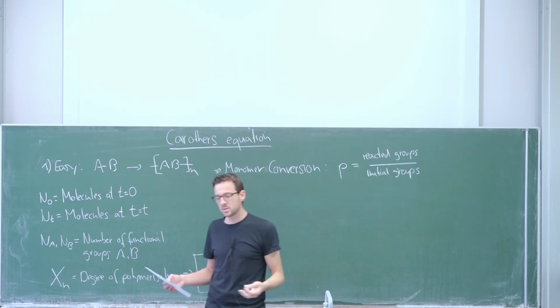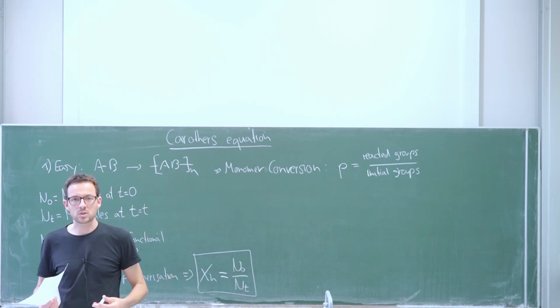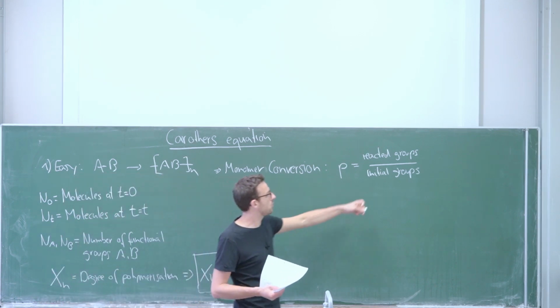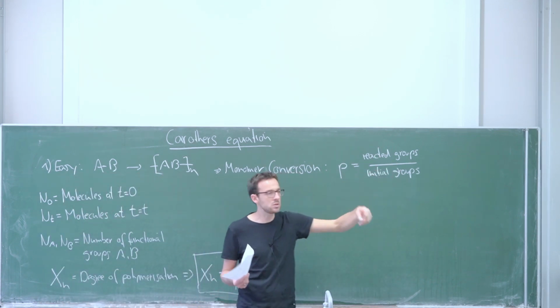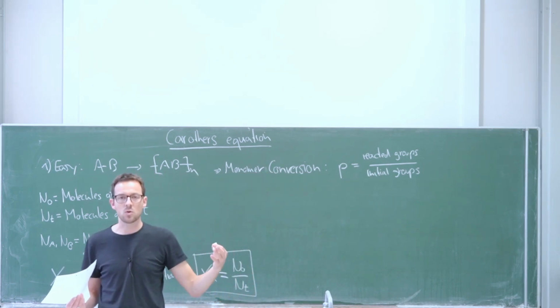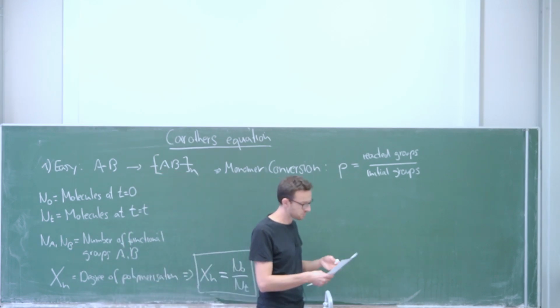Okay, this also makes sense. Of course, a conversion means that a functional group is converted into a polymer structure, so the more groups you react, the higher your conversion, and then of course you normalize against the initial groups, so it runs from 0 to 1. 0 is no conversion, 1 is full conversion.